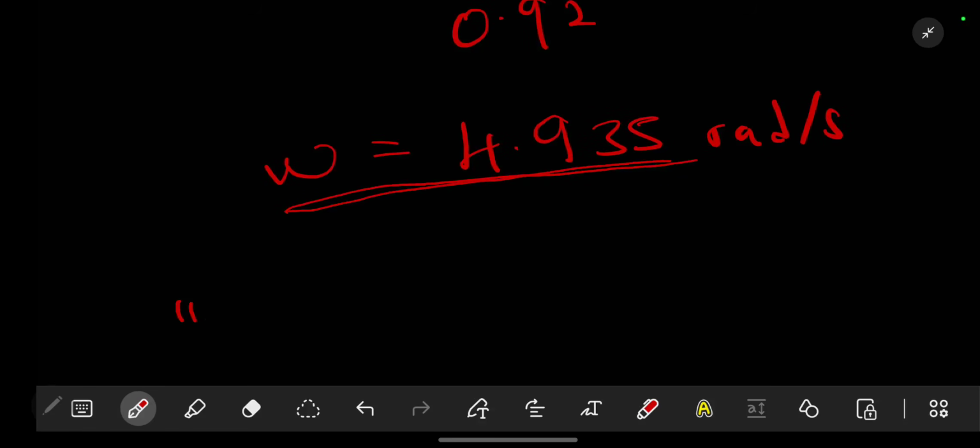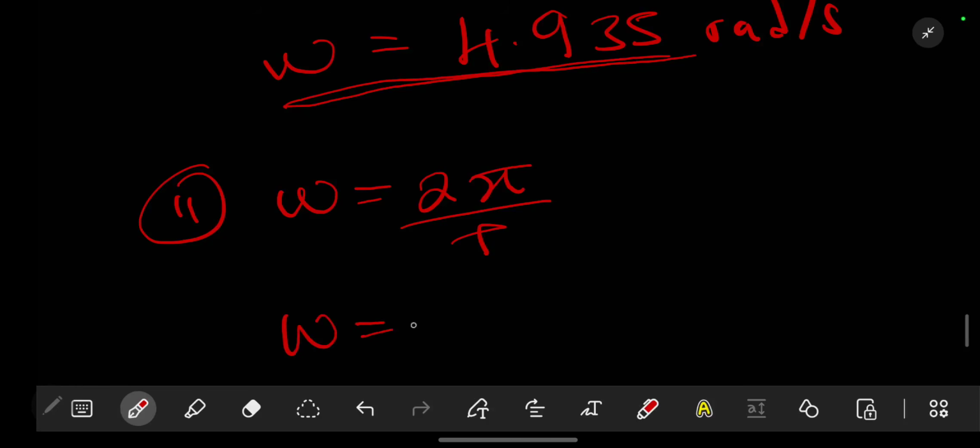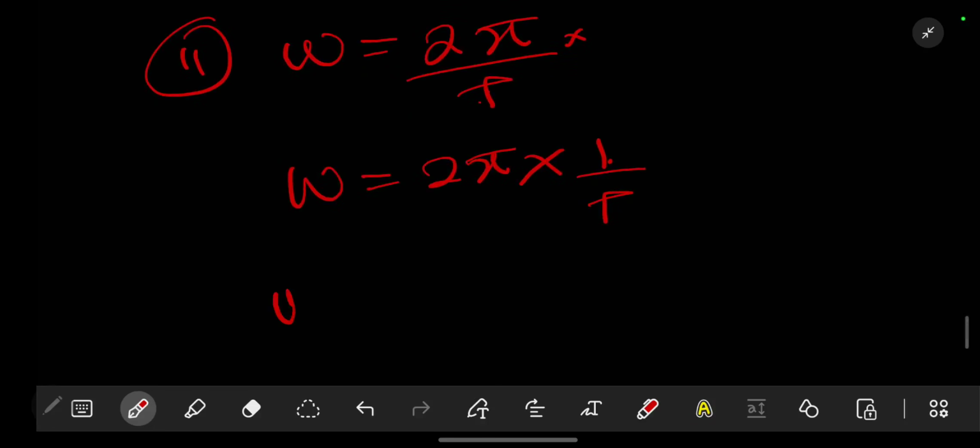speed. So knowing that the angular speed is equal to 2 pi over the period, and remember we said that this should be equal to 2 pi times the period, this is the same as 1 over t. I've just moved it, but it's still the same. So W will be equal to 2 pi.